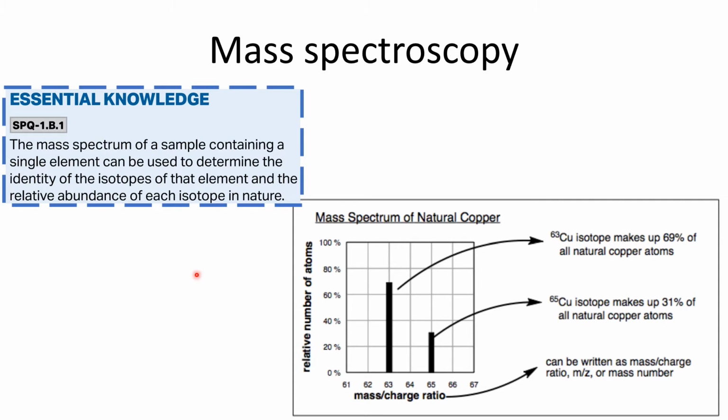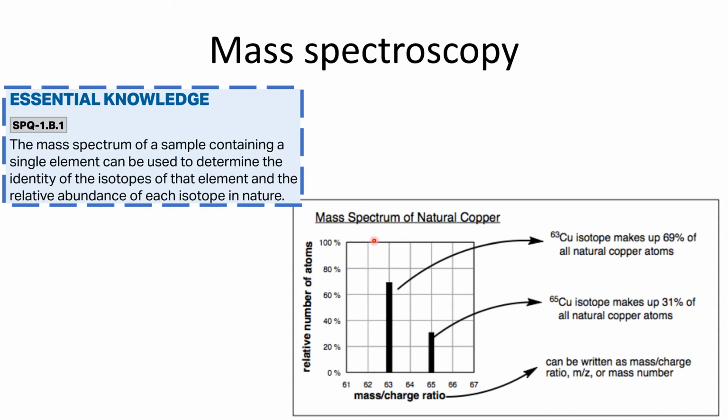It says that a mass spectrum of a single element will give information about the isotopes of that element as well as the abundance. Abundance means what percentage of each isotope is present in that element.